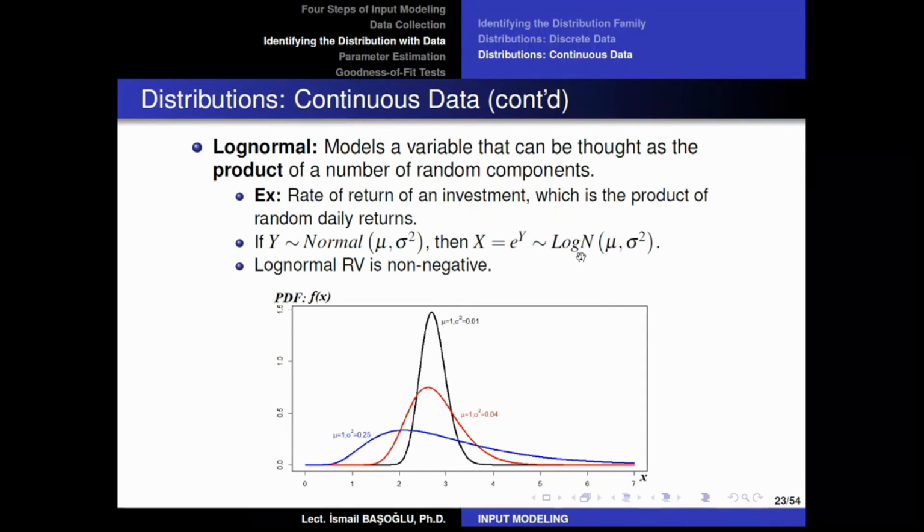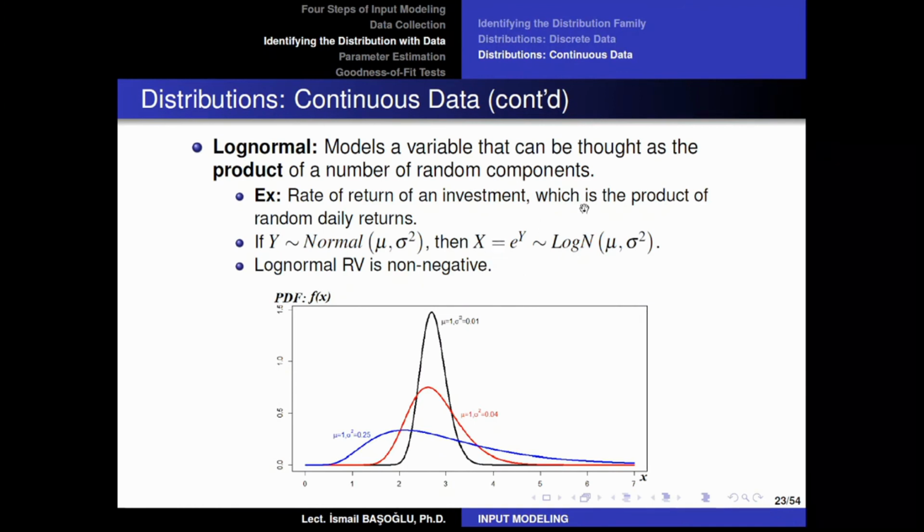They are just the parameters coming from the original normal distribution. And the log normal distribution, my friends, is used for financial simulations. For example, to model the rate of return. The rate of return of an investment is usually modeled by a log normal distribution.